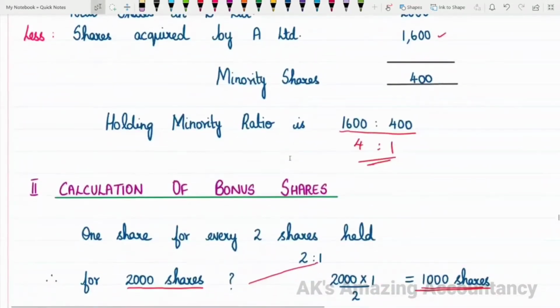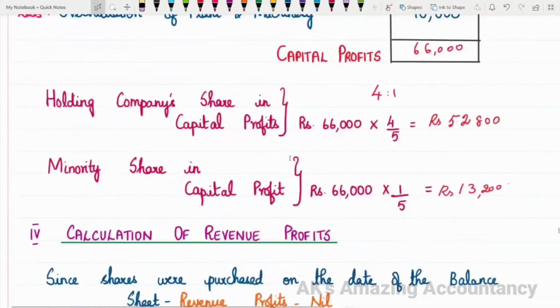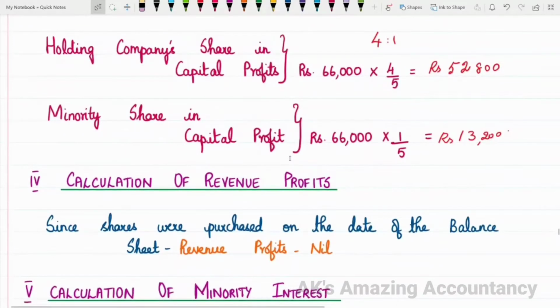So in such a situation, if you are given a problem where shares were purchased on the same date of the balance sheet, then in such a situation all the profits existing will be regarded only as capital profits, and so revenue profits will be nil. So in this problem, we don't have revenue profit at all.